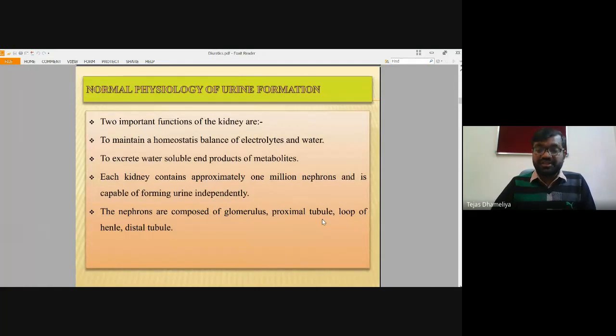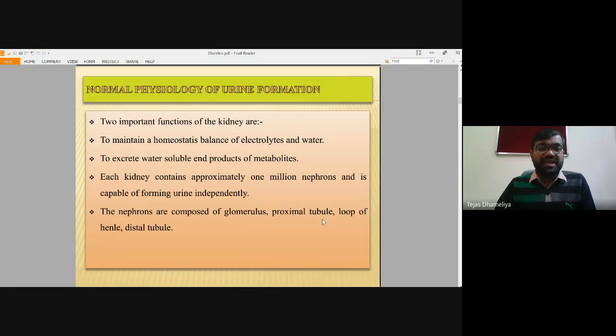That is also one of the diseases where it is used. Normal physiology of urine formation: two important functions of the kidney are there. One of them is to maintain the homeostasis, the balance of electrolytes and water.